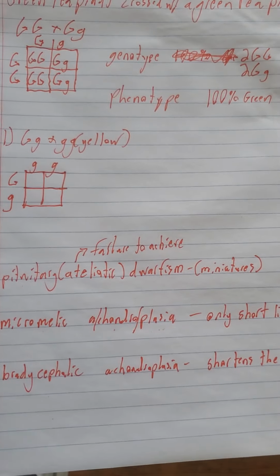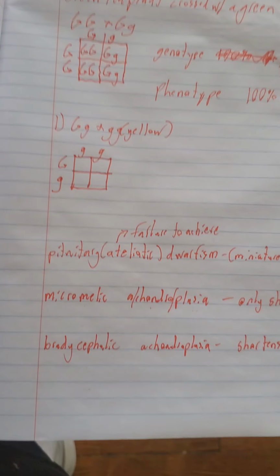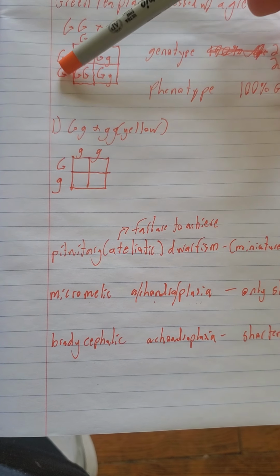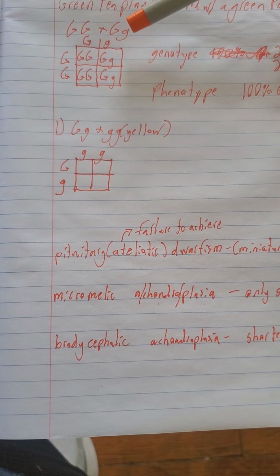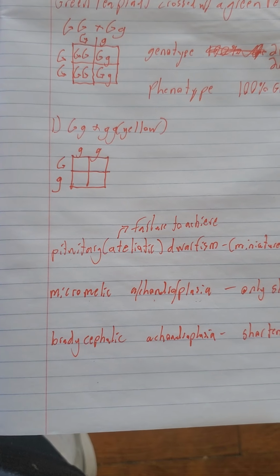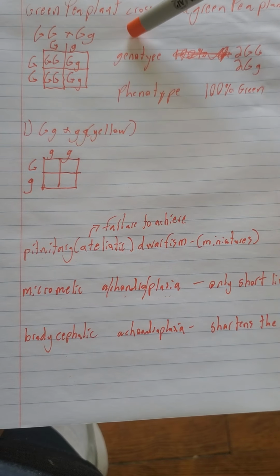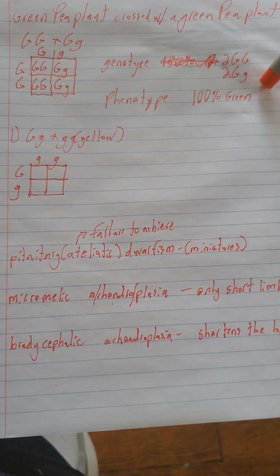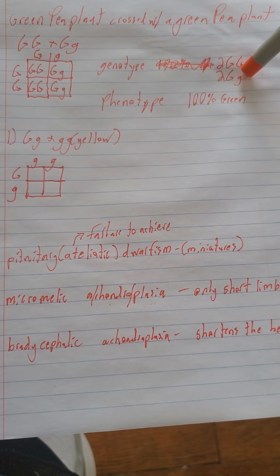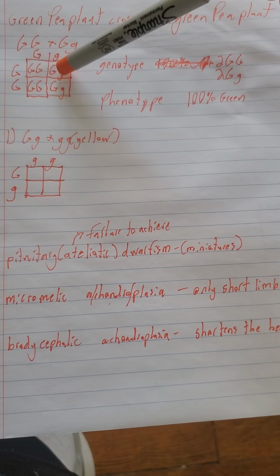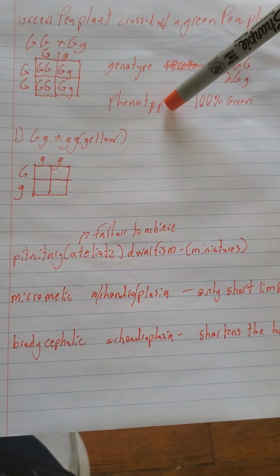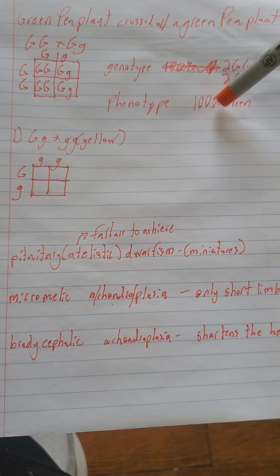And I completed that for you, so you know big G, big G, big G, big G, big G, big G, big G, and then little g, big G, little g, big G. The genotype, if you remember, is 2 big G's, 2 heterozygous big G, little g. And the phenotype, if you remember, is what it actually looks like. So that would be 100% green.